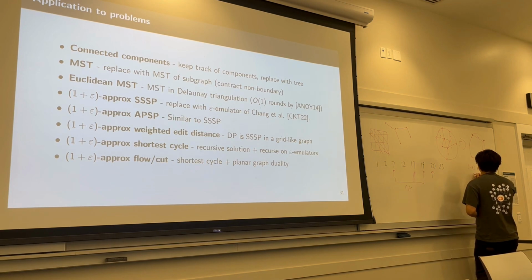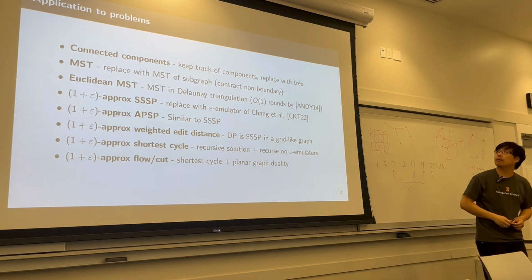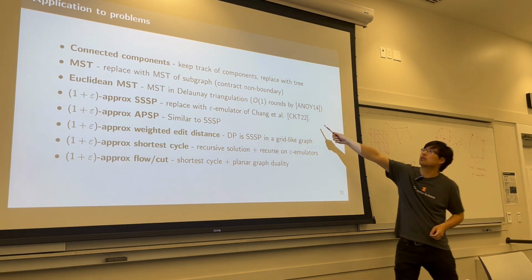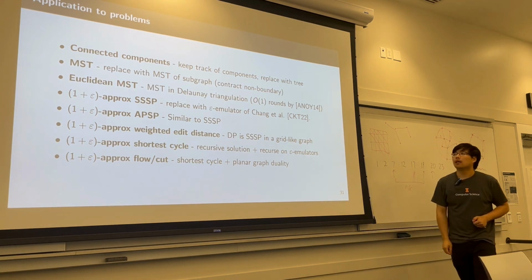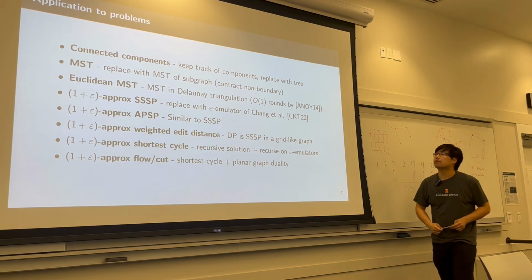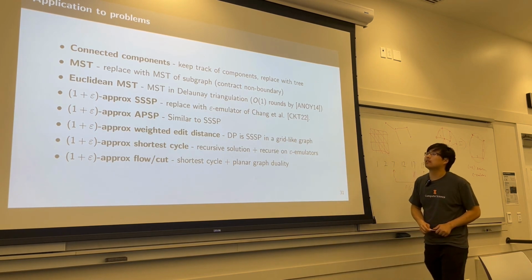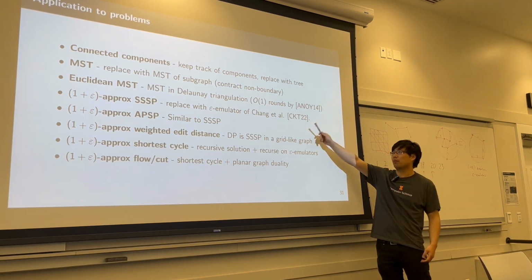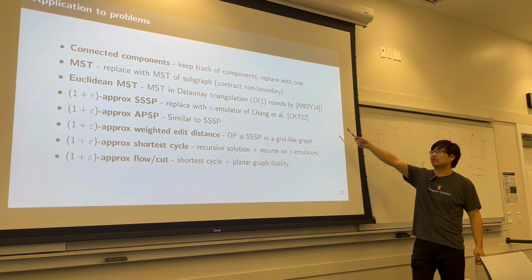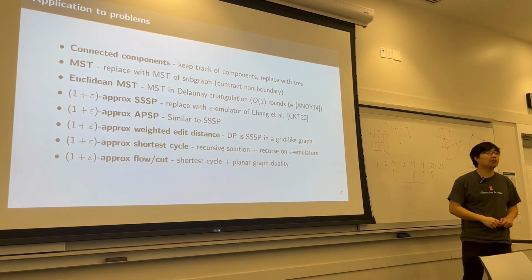And that's using what they call epsilon emulators. For single source shortest path. Yeah, so APSP, SSSP, yeah, so you can do APSP with a bit more memory too. Weighted distance is just some sort of shortest path problem.